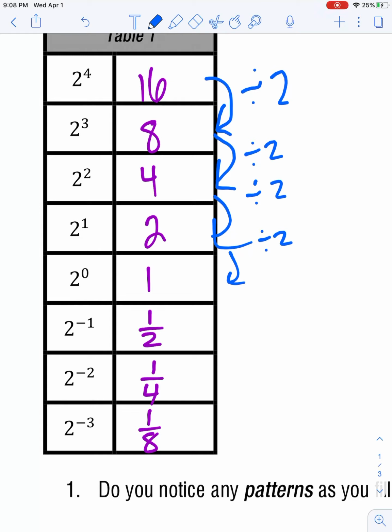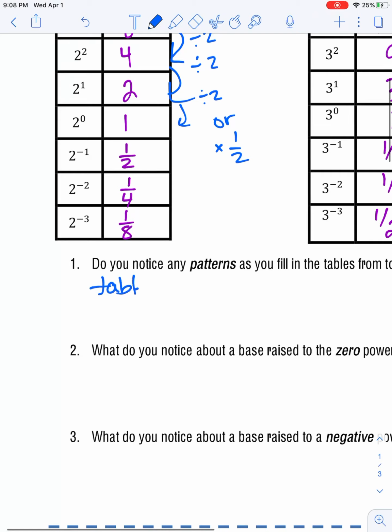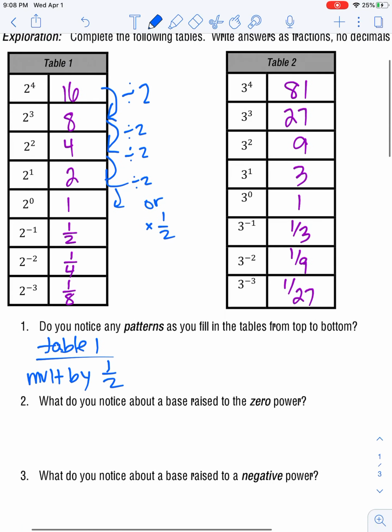Divide that by 2, you get 1/4. Divide that by 2, you get 1/8. Especially when we get into the fractions, remember dividing by 2 is the same as multiplying by 1/2. So I think it's a little easier to think of it that way. So I'm going to make a little note down here that in table 1, we multiply by 1/2 each row.